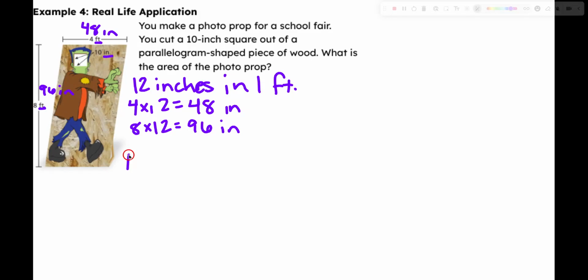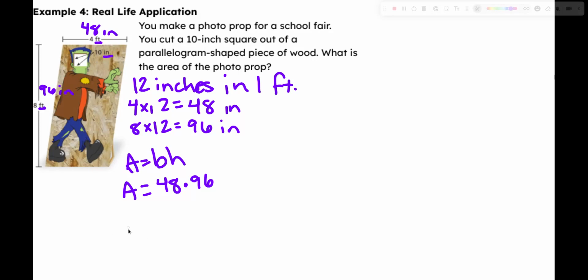To find the area of the whole thing, area is base times height, so area is 48 times 96. And again, this is where you can use your calculators. I don't feel like multiplying 48 times 96, even though I can. On the state test, you will be given calculators for these, because these aren't testing whether you know how to multiply.